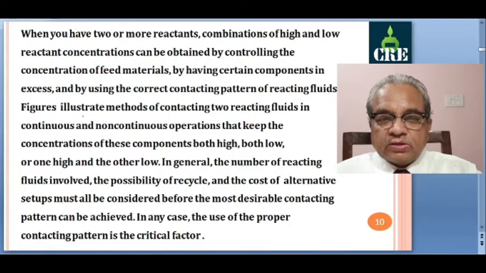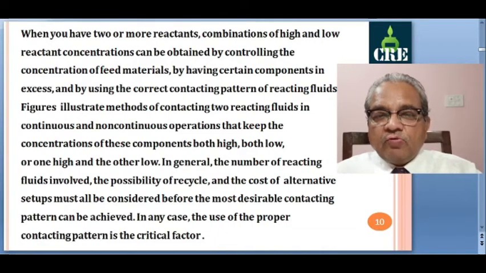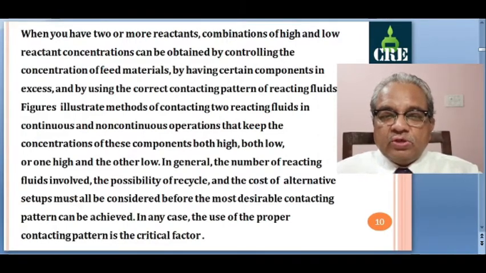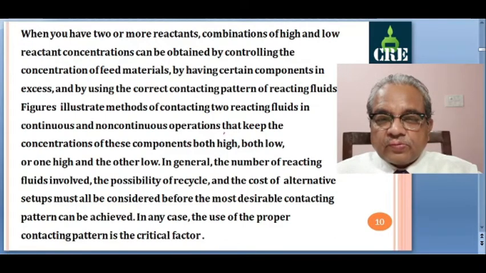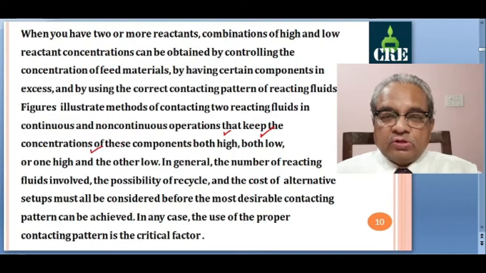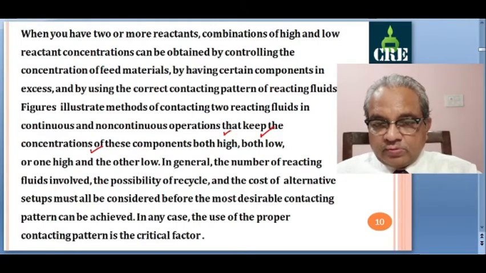The figures which we will discuss now illustrate the method of contacting two reacting fluids A and B in continuous and non-continuous operations that keep the concentration of these components both high, both low, or one high and the other low. Three possibilities: both high, both low, or one higher and the other lower.